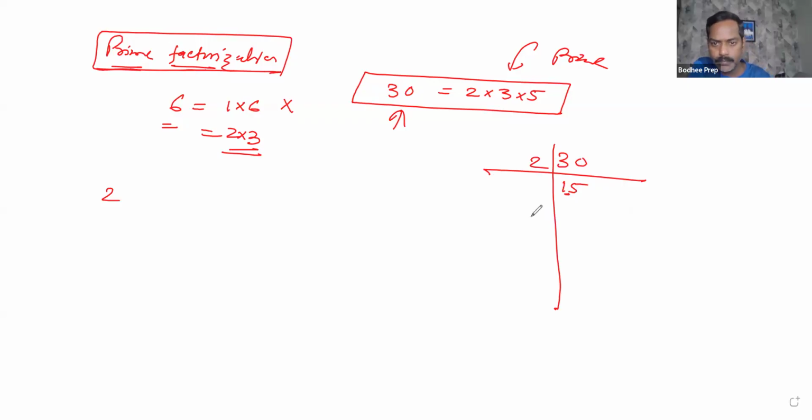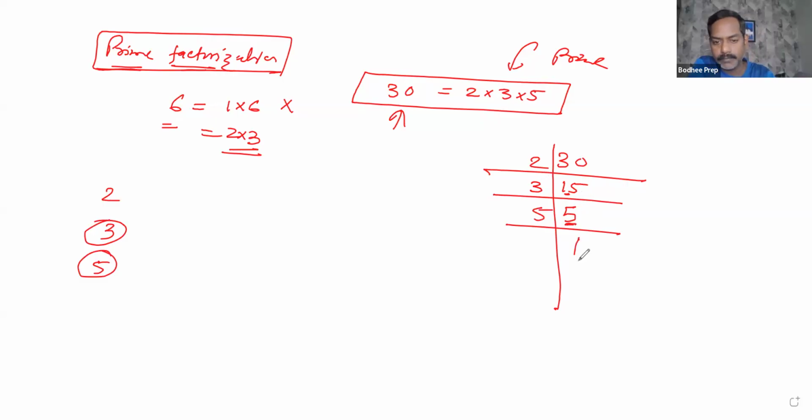Very simple. Next, is this number again divisible by 2? No. Why so? Because this is an odd number. So we'll be considering the next prime number. Is this number divisible by 3? Yes. 3 into what will give me 15? Yes, 5 times. Now again, is this number divisible by 3? No. So we have to look for the next prime number, which is, sorry, 5.